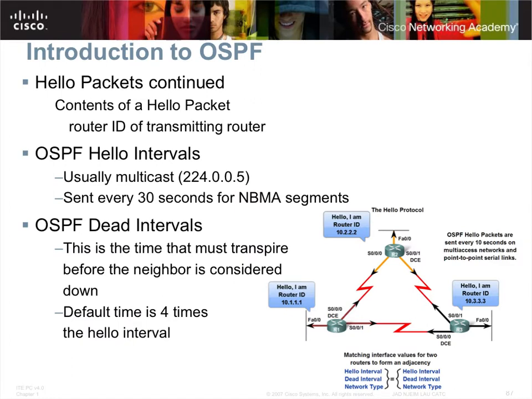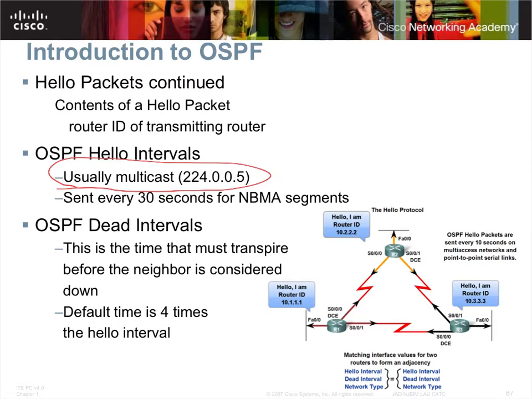So the hello packets, as we said, even the hello packets use a multicast. Why? Because I may actually be connected to a router in another area physically, but I don't send to this router.